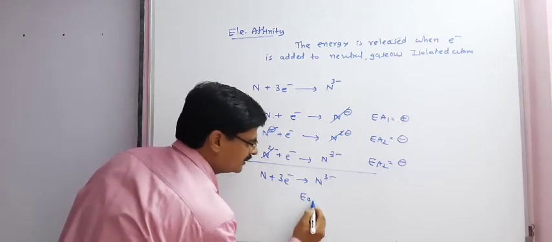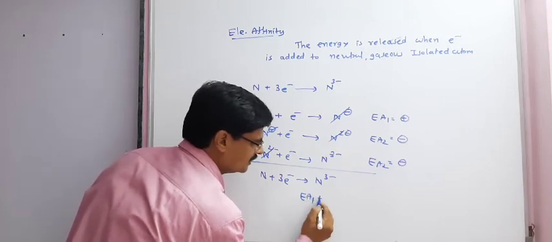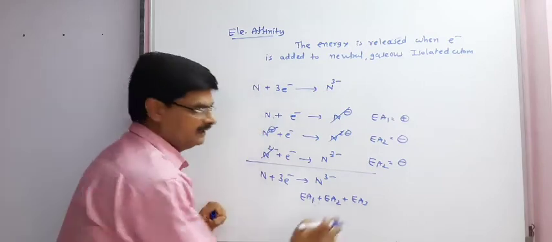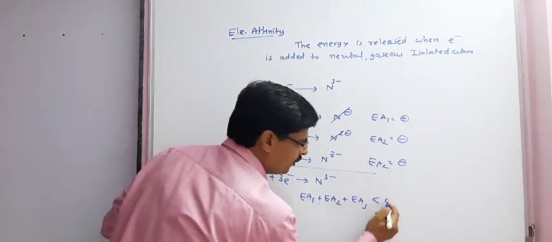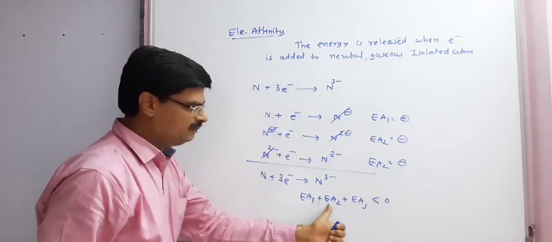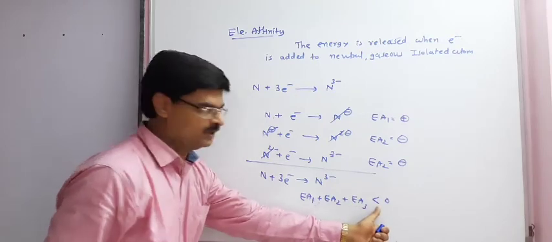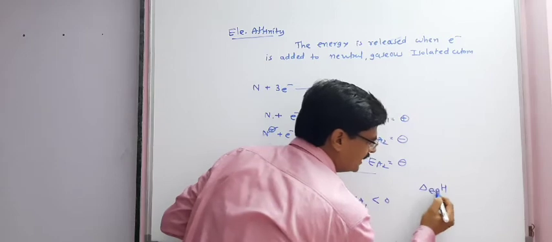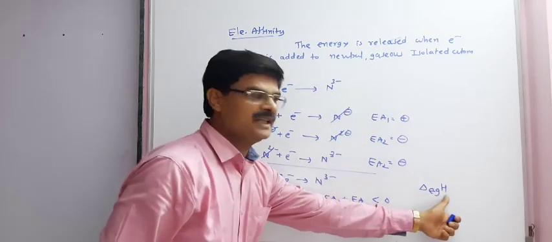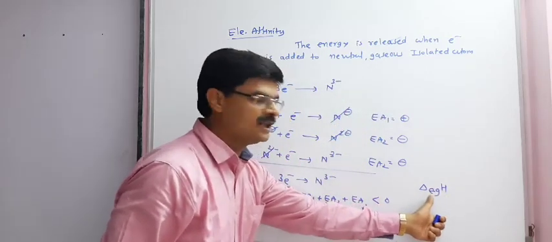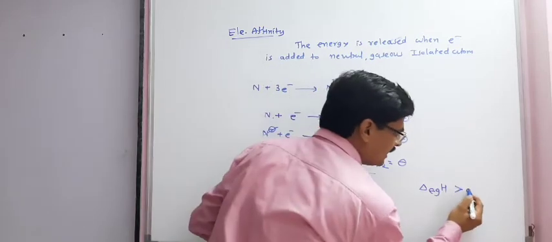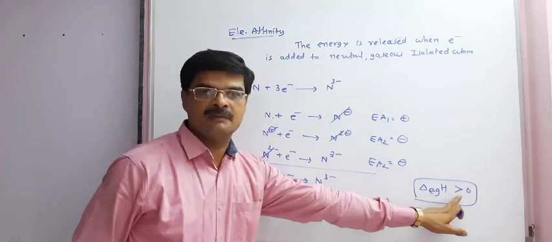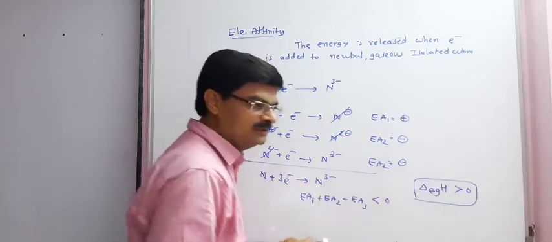So EA1 plus EA2 plus EA3 is smaller than 0. Therefore delta H electron gain enthalpy will be greater than 0.